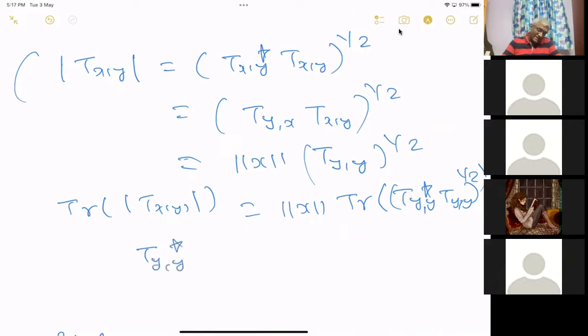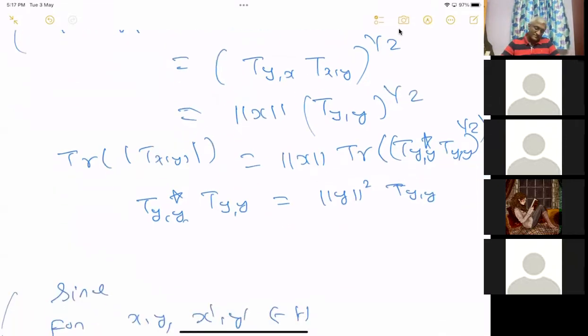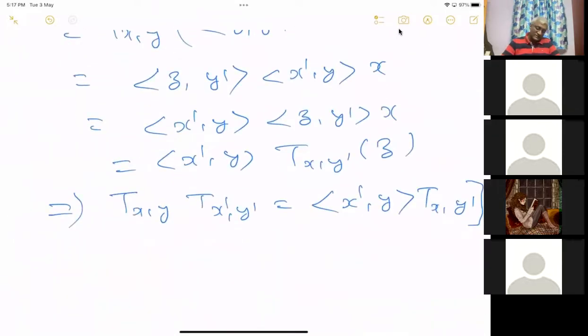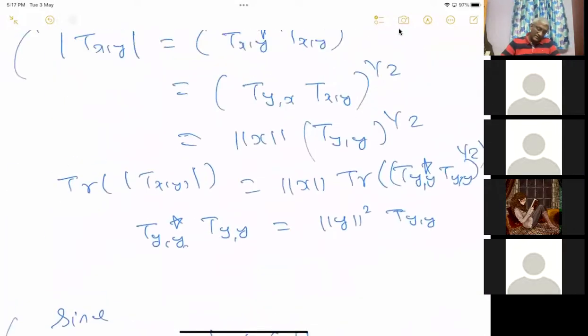This is okay. Tyy star Tyy. That is equal to, you take the inner product between them, which is just norm y square, okay, times just Tyy. Sorry, this is just this, right? By this formula, whatever we have got, Txx equal to this. Okay, so it's this, okay.